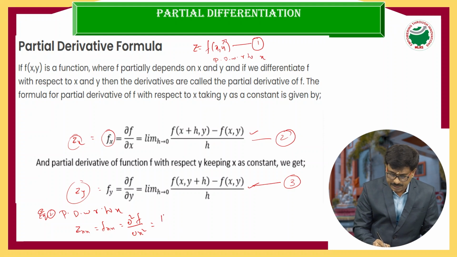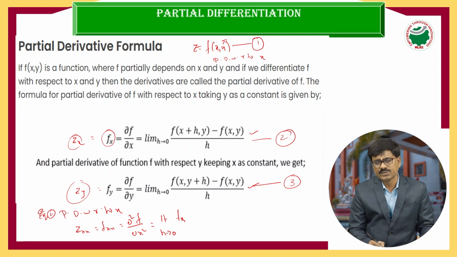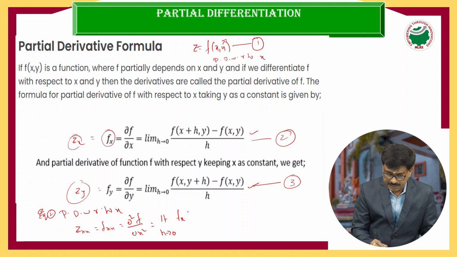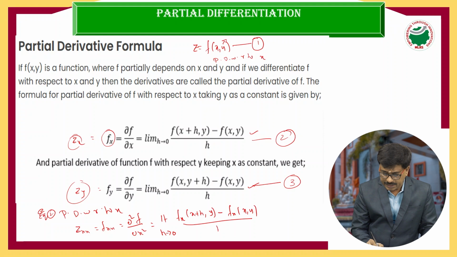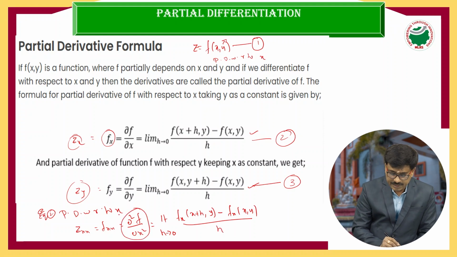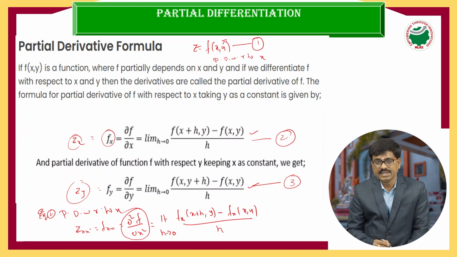Then it becomes the limit as h tends to 0 of fx, which is the function whose derivative we already calculated, so f of x plus h comma y minus fx of x comma y, divided by h. This is called the second order partial derivative with respect to x.